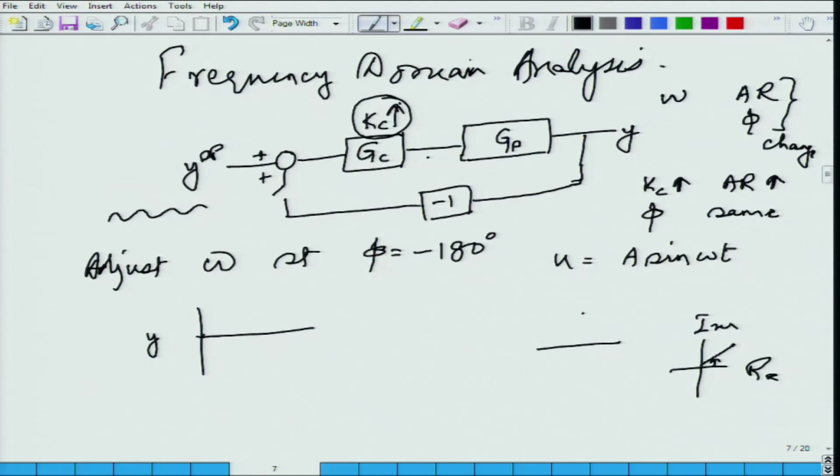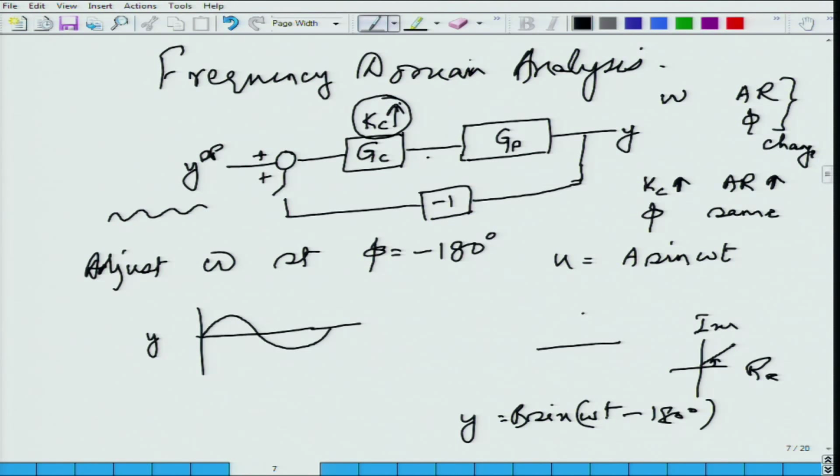So, y is a sine wave that goes like this. Then if the phase lag is minus 180 degrees, y would be sine of omega t minus 180 degrees, with some factor b.